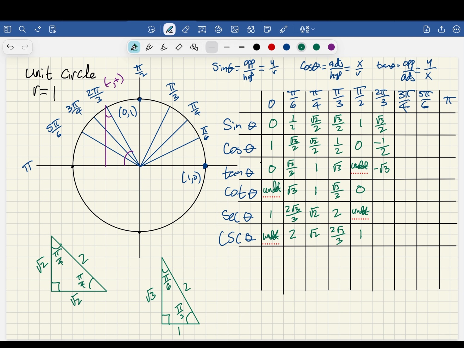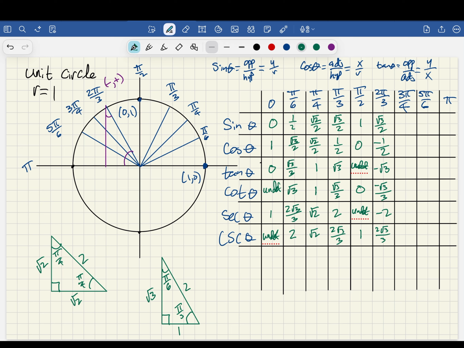The cotangent would also be negative since it will be x over y. And when we rationalize the denominator, we wind up with negative square root of 3 over 3. The secant is the inverse of the cosine, so we would wind up with negative 2. And the cosecant is the inverse of the sine, so we would have 2 times the square root of 3 over 3.